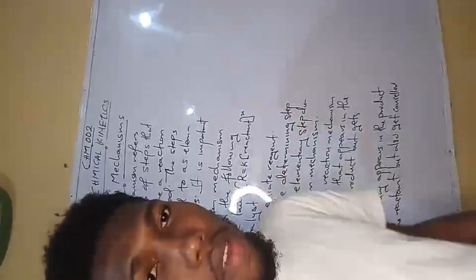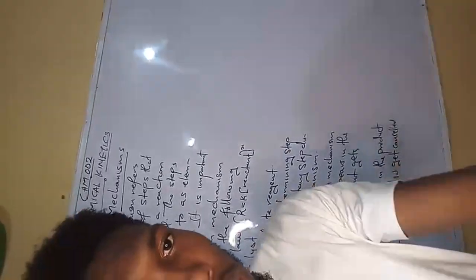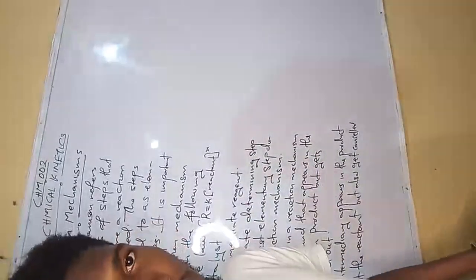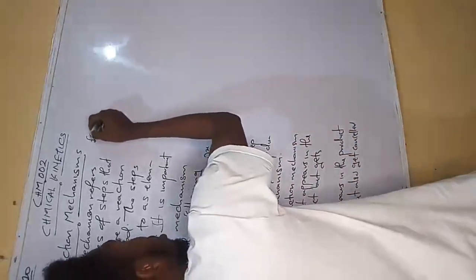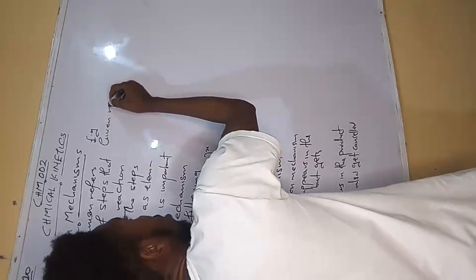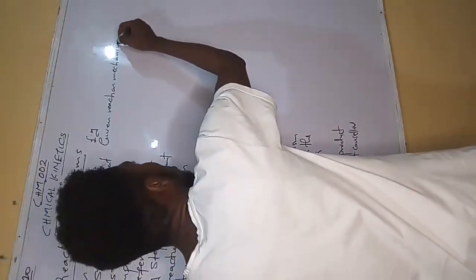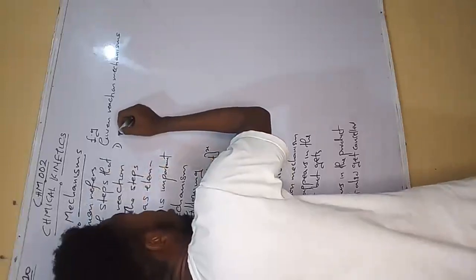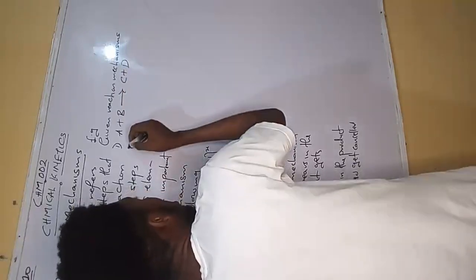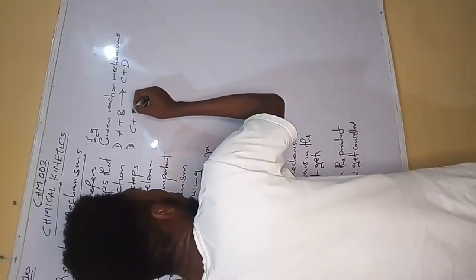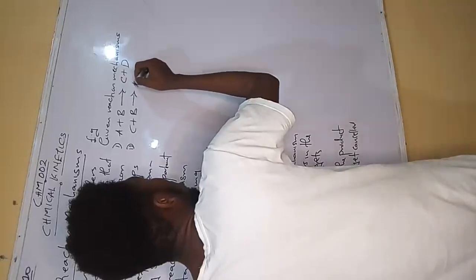If I have a reaction like this, and given the following reaction mechanisms, we have the first reaction mechanism: A plus B gives C plus D. Then the second reaction mechanism: C plus D gives A plus F.